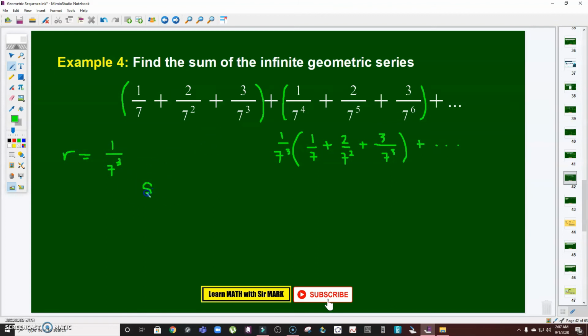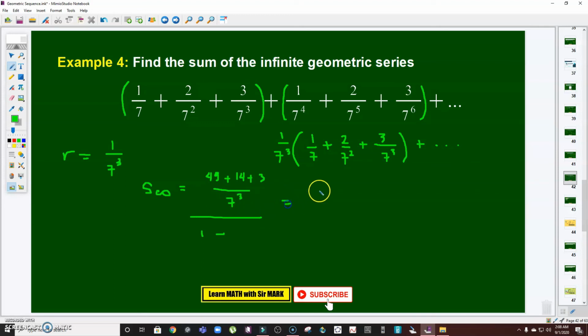So therefore, the sum to infinity is equal to, diretsuhin ko na, the first term: 7 cubed divided by 7 is 7 squared, that's 49, plus 7 cubed divided by 7 squared is 7 times 2, that will be 14, plus 3. And 49 plus 14 plus 3, that's 66.